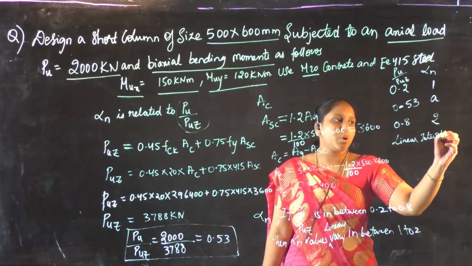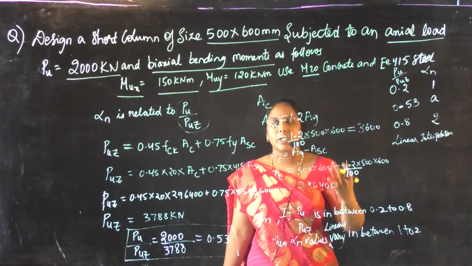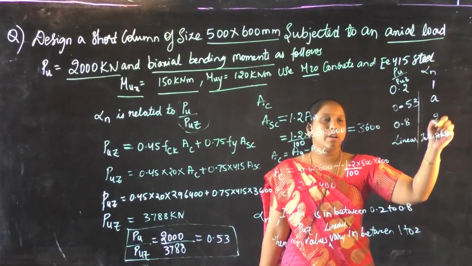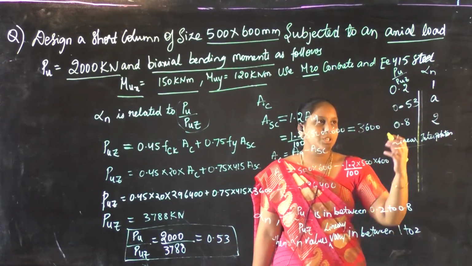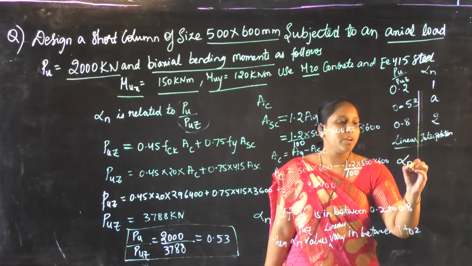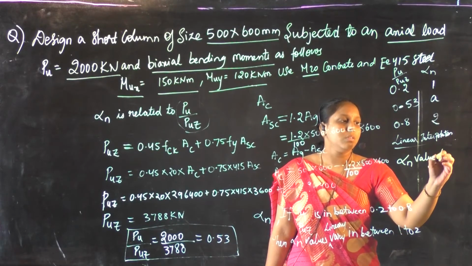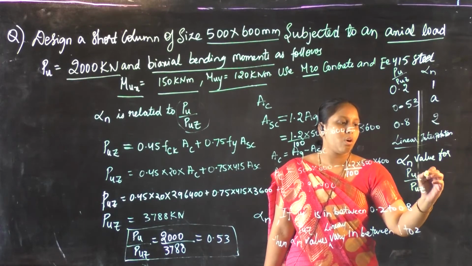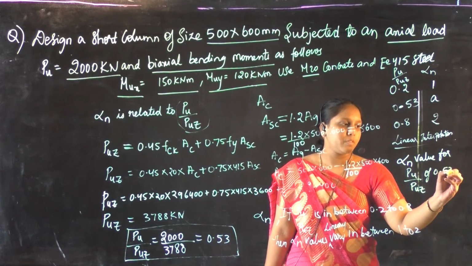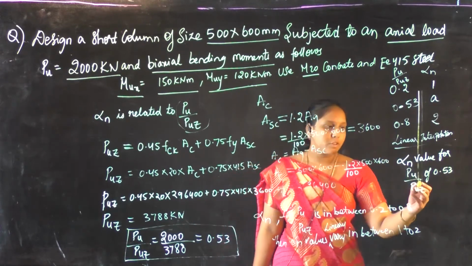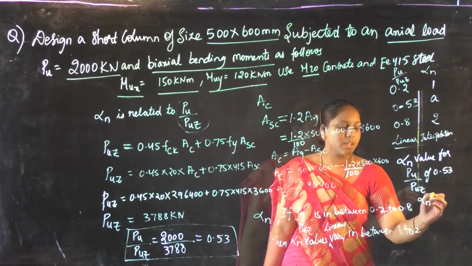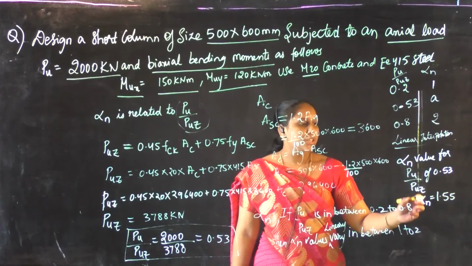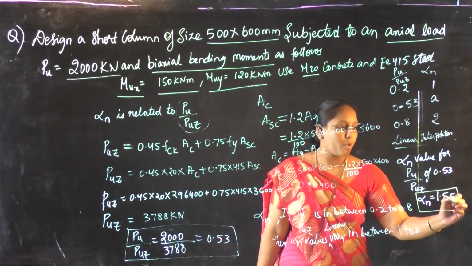The linear interpolation we have previously discussed in the classes. So for this intermediate value, go for the linear interpolation and find out the alpha n value for PU by PUZ of 0.53. If you solve, you will get a value of alpha n as 1.55.